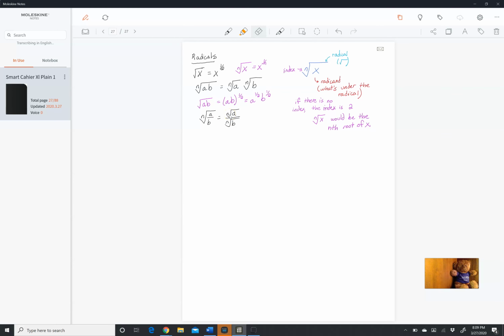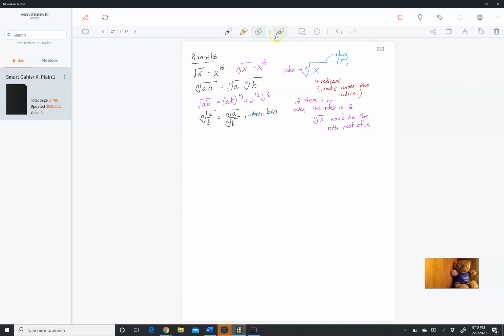Okay. And in this one, I want to just point out, and you're going to see this later when we are using fractions and things, one thing that we would want to put in here is we would want to say where b is not equal to 0, because if b were equal to 0, then this would be undefined. So we want to make sure that we say that, okay?